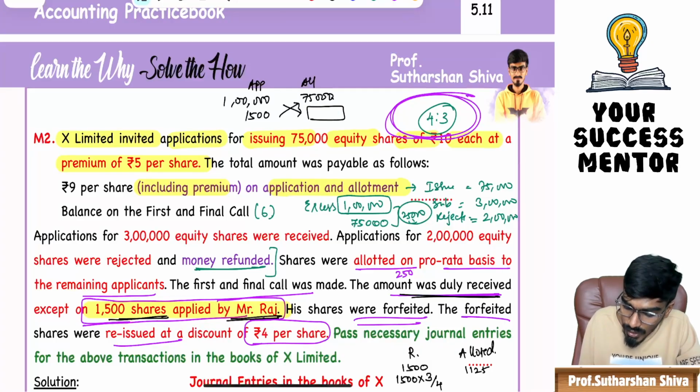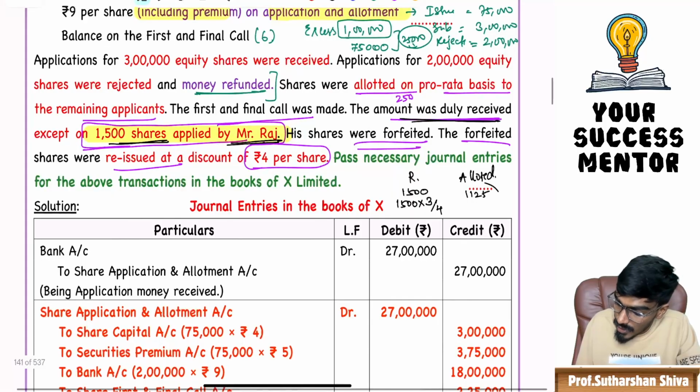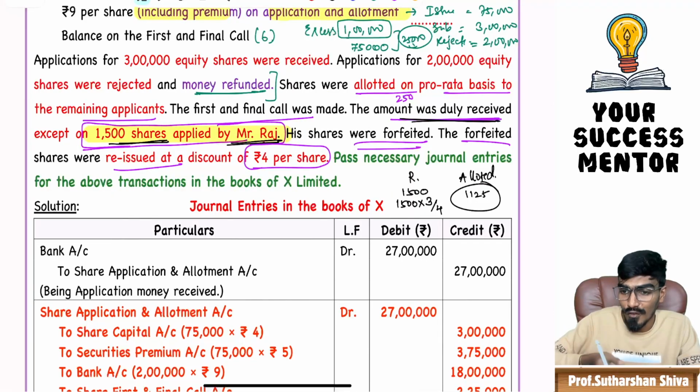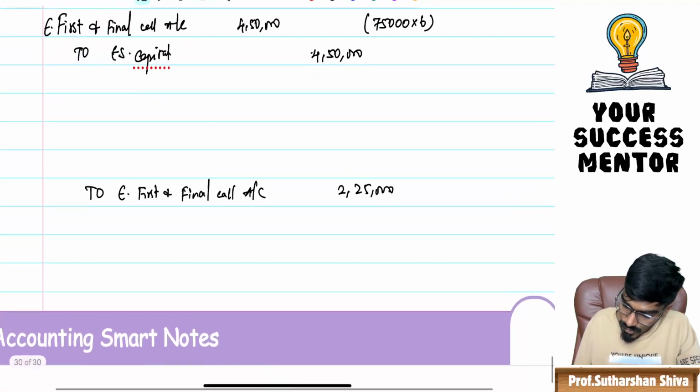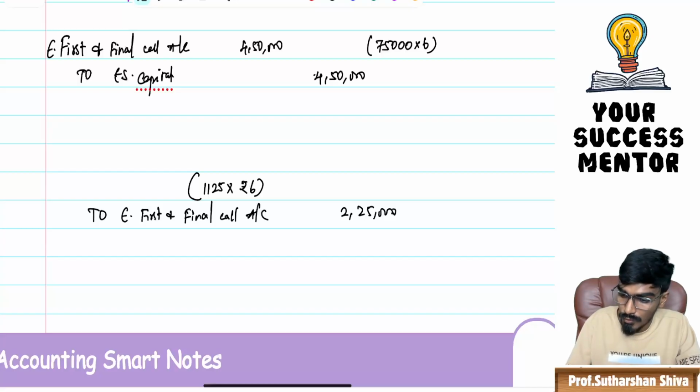So it is 75,000 divided by 1 lakh, which becomes 3 by 4, into 1,500, so 1,125 shares allotted. For that only we are able to forfeit. Here calls in arrears is pending for 1,125 shares to the extent of 6 rupees. So 1,125 into 6, you will be getting 6,750.